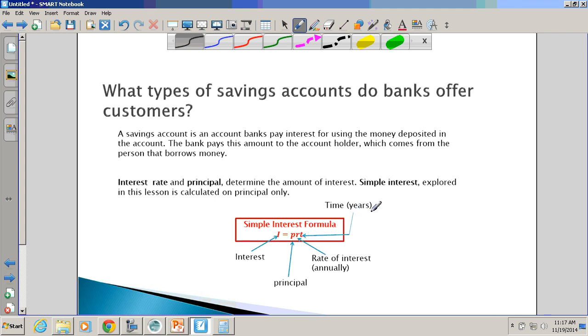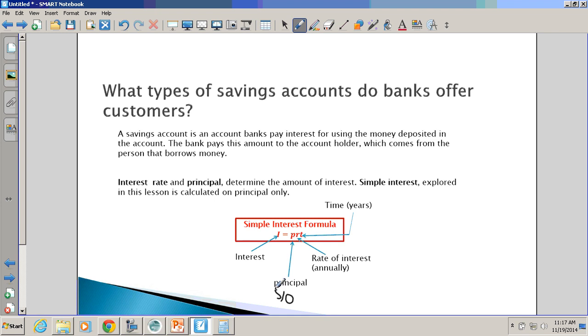So if you put a certain amount, let's say $10, that would be your principal. If you put $10 into an account that has an annual interest rate of, let's say, 5%, which is 0.05. So remember, whenever we do percents and formulas, we usually change it to a decimal first. And time would be the number of years.